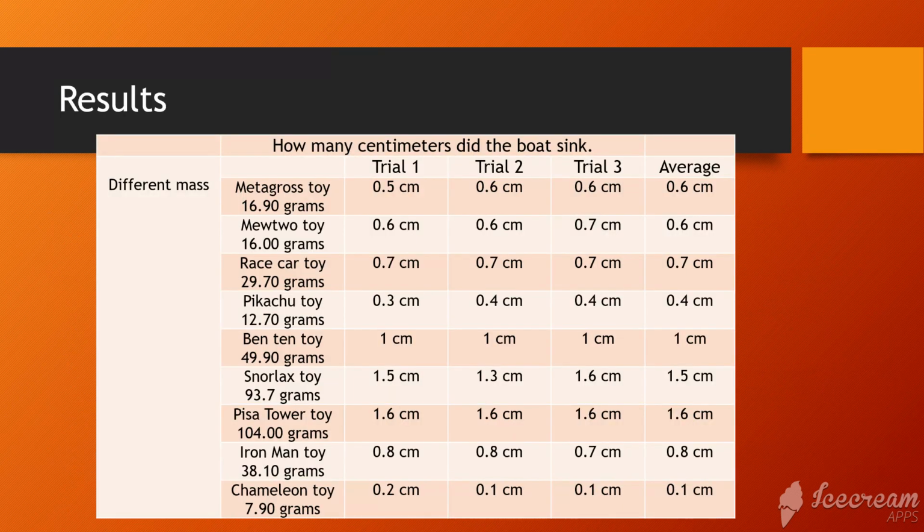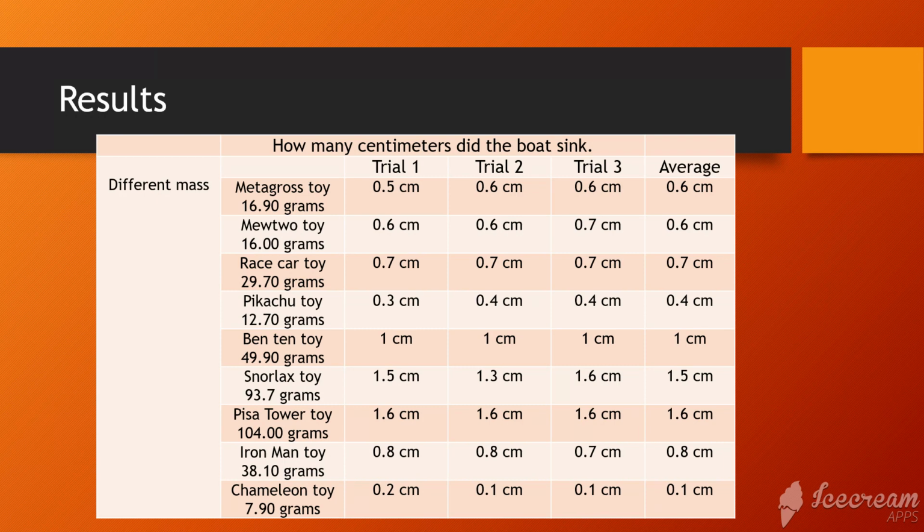So these are our results. We can see that the lightest toy, which is the Charmeleon toy, which only weighs 7.9 grams, only made the boat sink about 0.1 centimeters. And our heaviest toy, the Pizza Tower toy, which weighs about 104 grams, made the boat sink 1.6 cm.